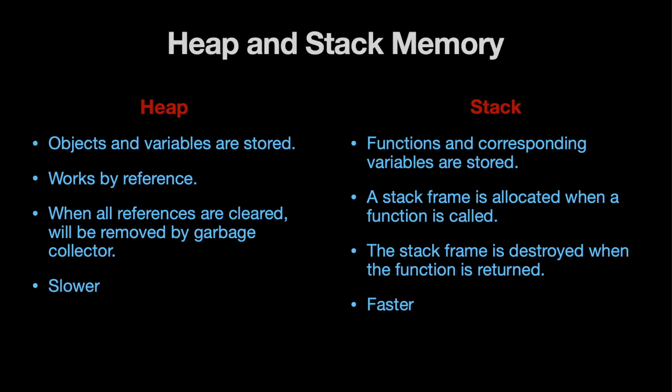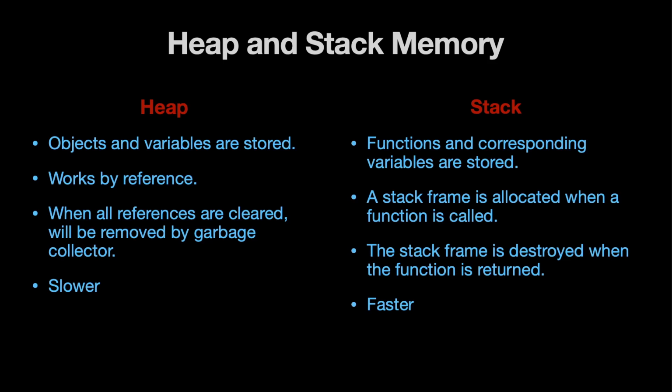We need to understand how memory is allocated when a Python program runs before we can fully understand recursion. When Python interprets your code, it puts objects or functions in memory based on some rules. It will either place them in a heap or a stack. Here are a few properties of heap and stack.